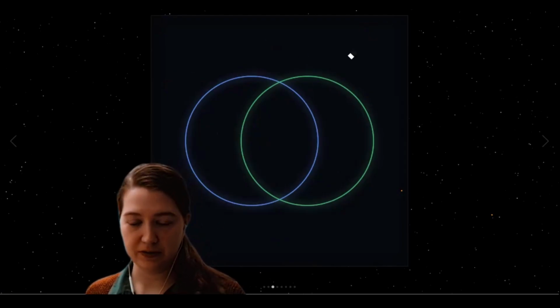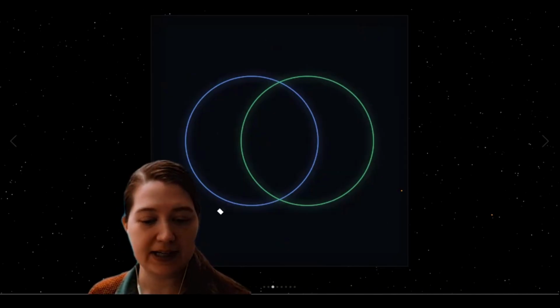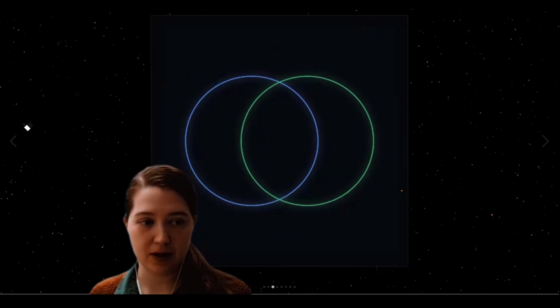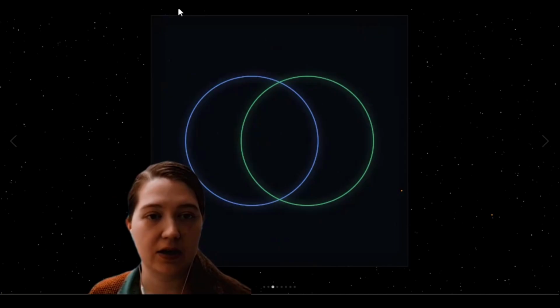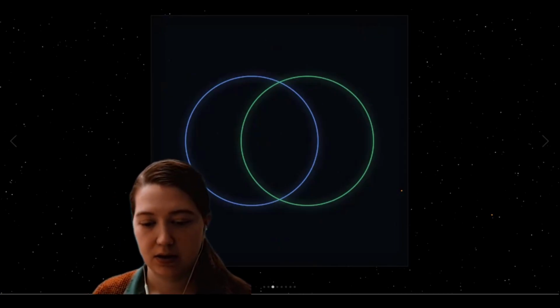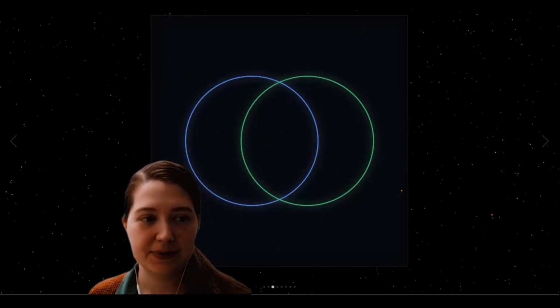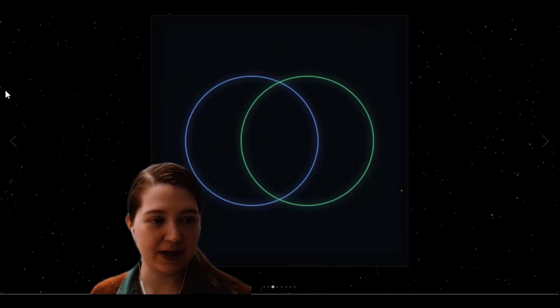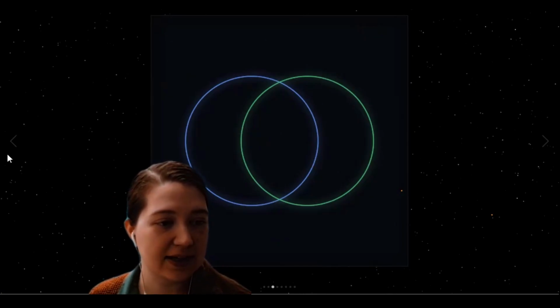But one of the important tools of categorical logic is telling me something about concept space. So there are a few different types of things about concept space that categorical logic can tell us.